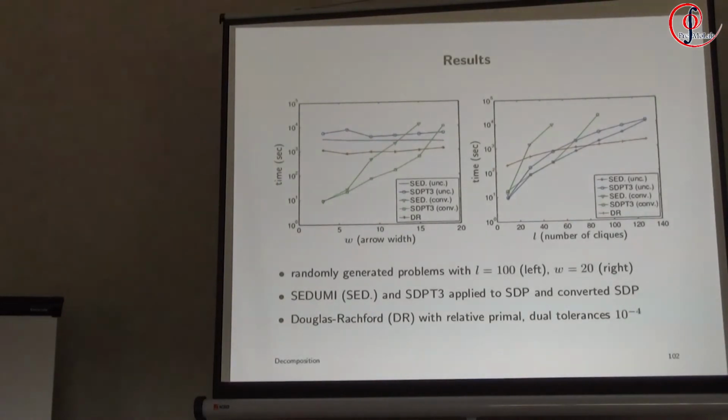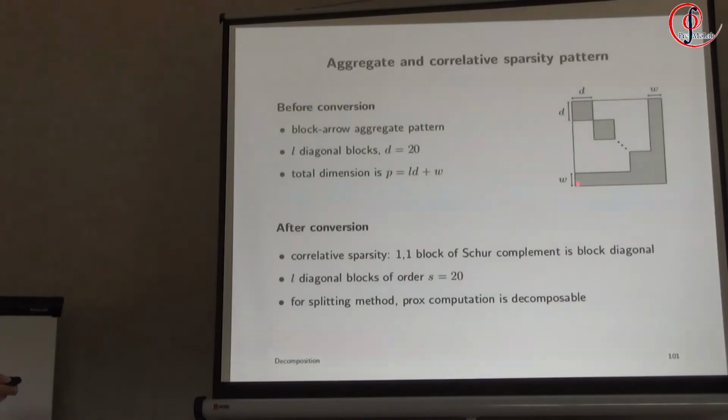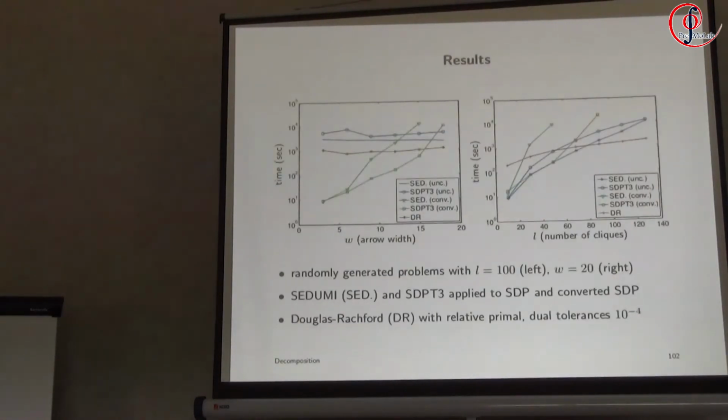That's because the extra variables you introduce are few, because you have a small amount of overlap in these cliques, so you only need a small number of extra variables. So the extra cost is small, but it increases rapidly with W. And after a while it becomes actually slower than the unconverted problem.